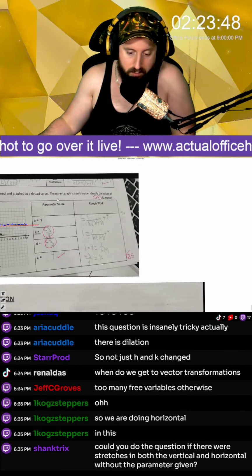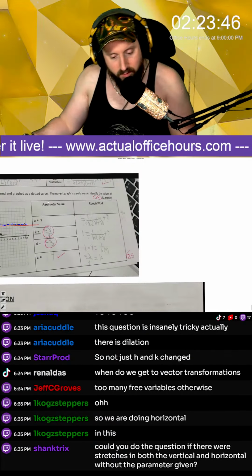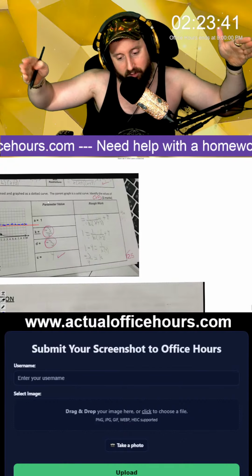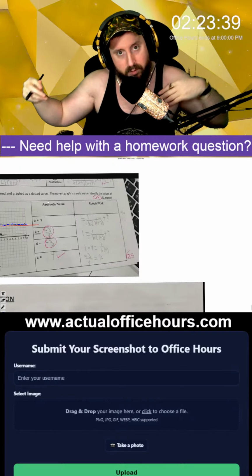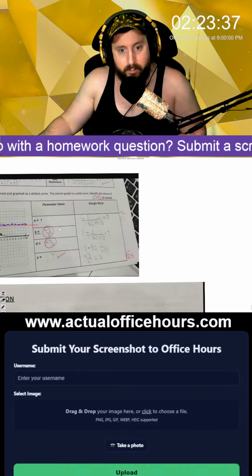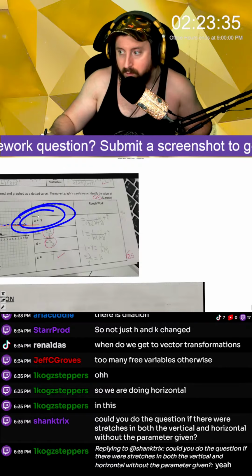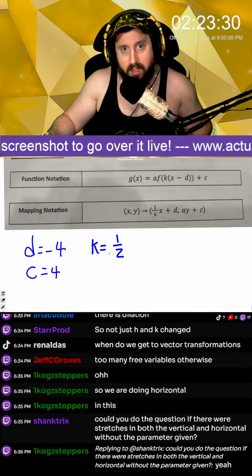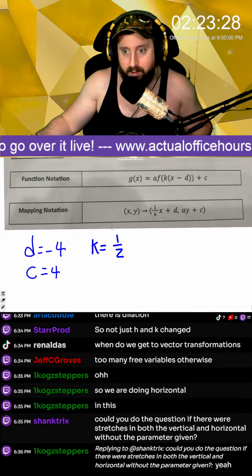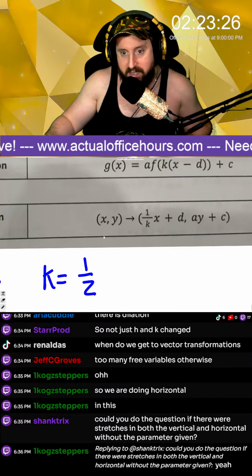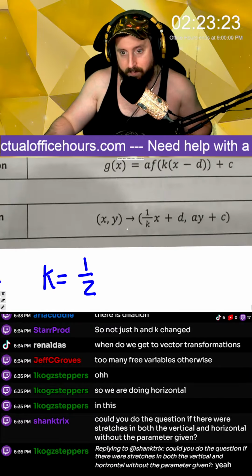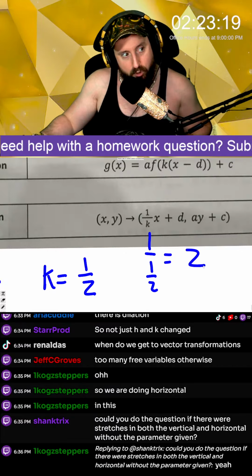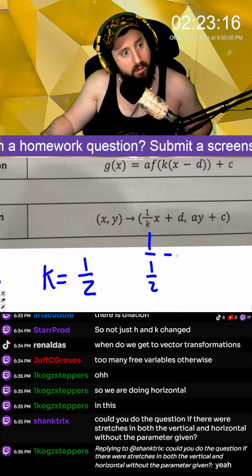Like I said, you can horizontally expand it by a factor of 2, or you can compress it vertically by a factor of 2. But they fixed the vertical as 1. So K in this case would be 1/2. And then you can see that from here, right? Because look, the x coordinate goes from x to x over K, so 1 divided by 1/2 is the same thing as 2. So it's 2 times that.